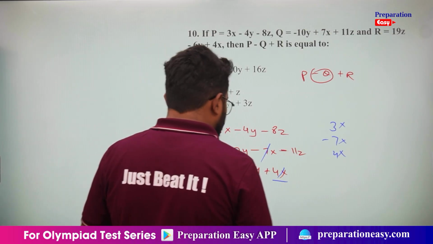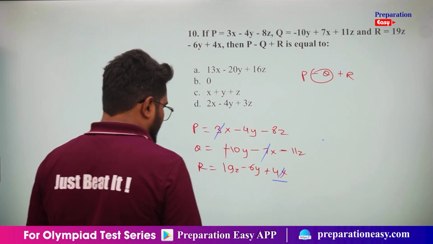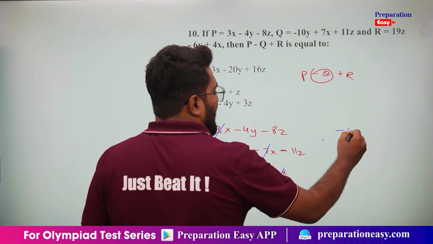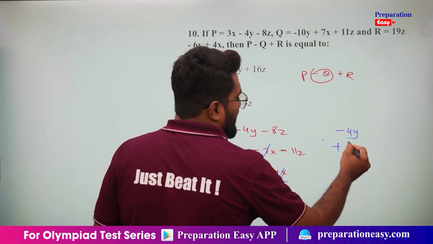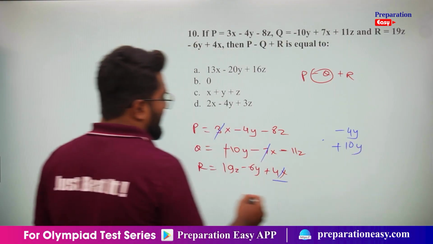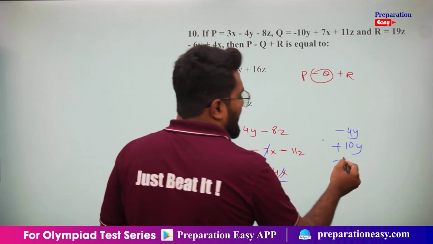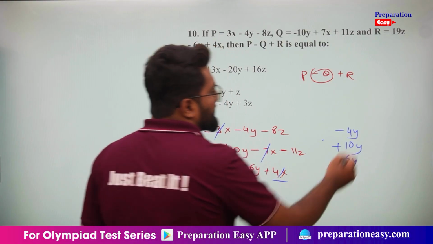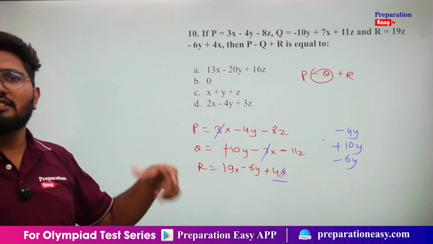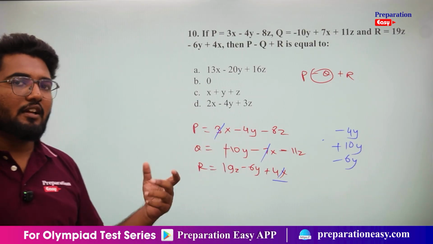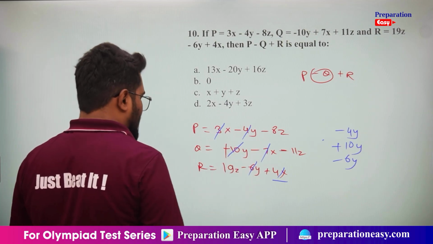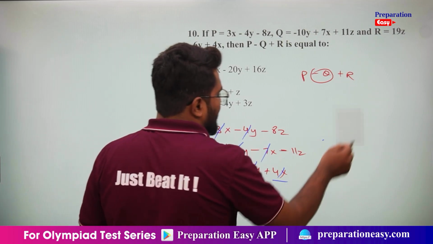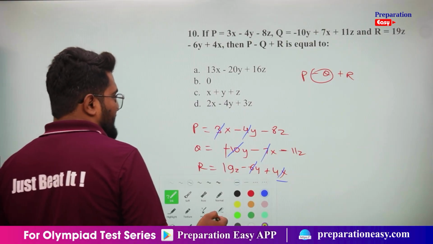The y terms: minus 4y, second plus 10y, last minus 6y. Minus 6 plus 4 is minus 10, and minus 10 and plus 10 will be cancelled. y is cancelled.